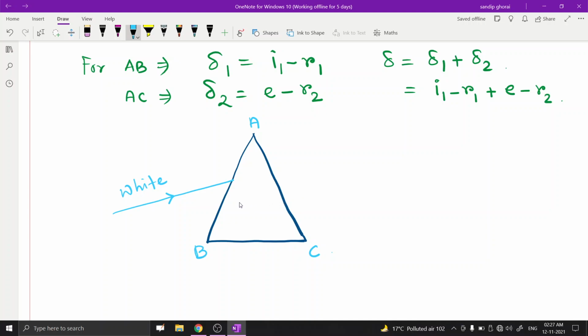That means when white color enters from rarer to denser medium, white color splits into 7 different colors.